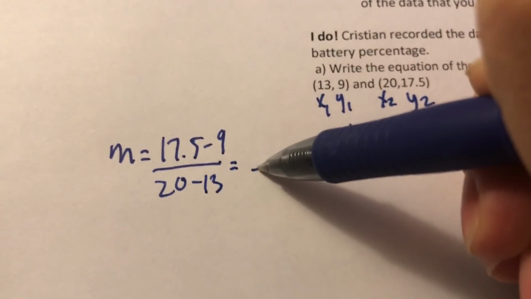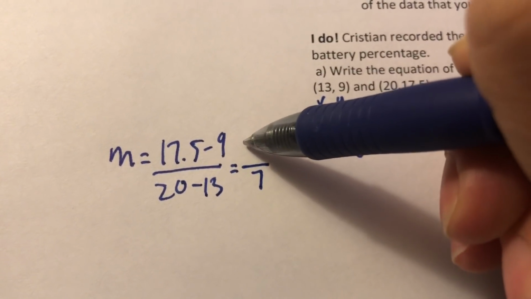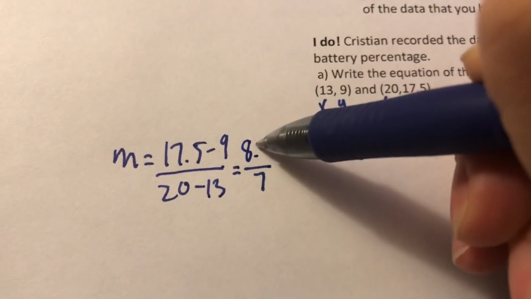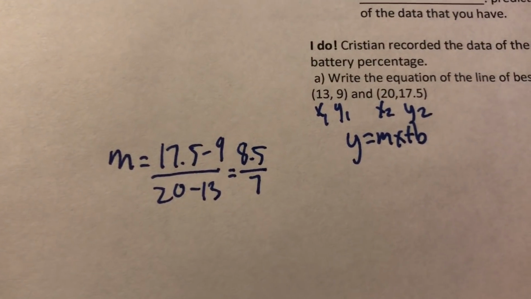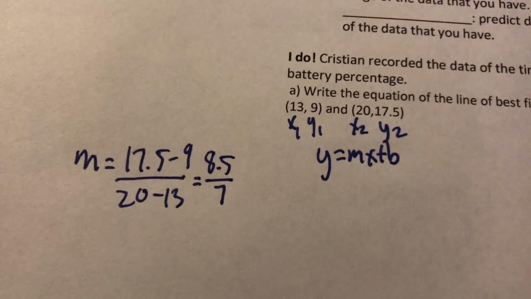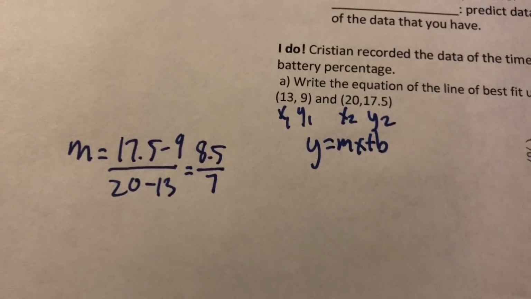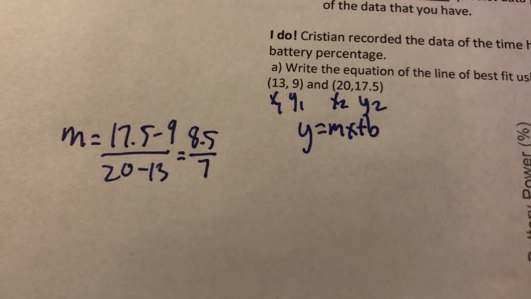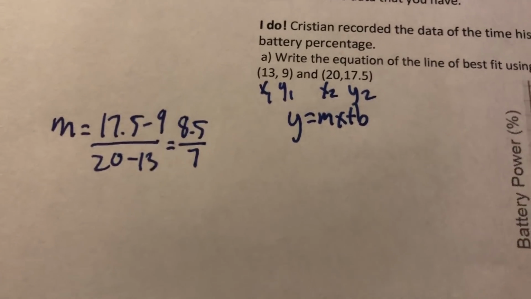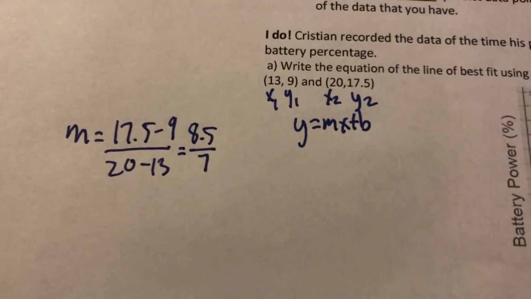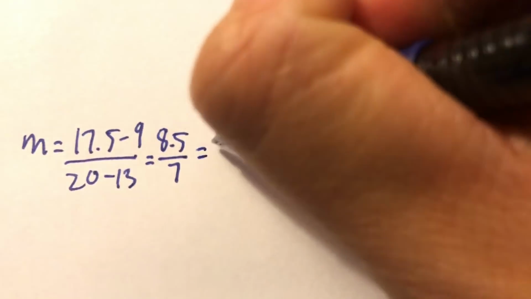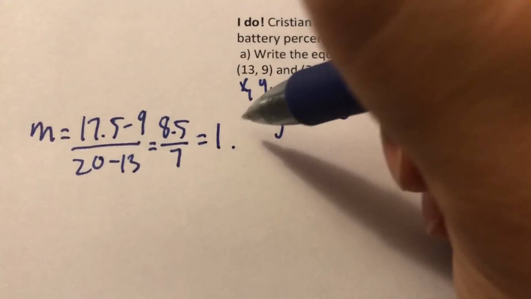So on the bottom we have 7, and on the top we have 8.5. And using my trusty calculator, I have 8.5 divided by 7. And this should give me 1.21.